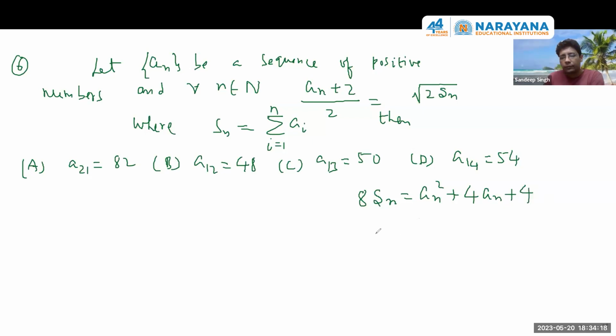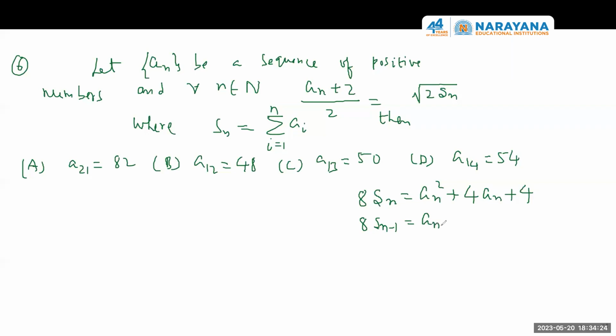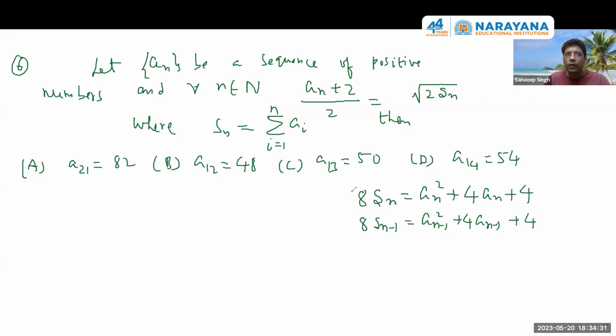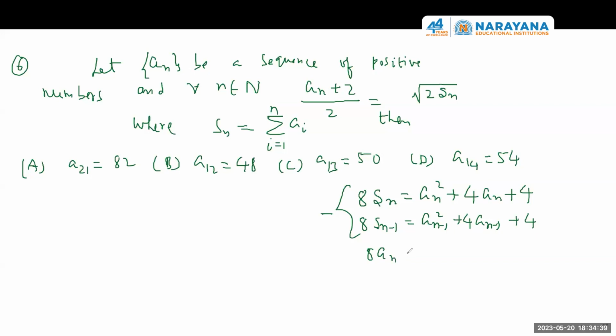Now what next? If I replace n by n minus 1, so what is going to be 8Sn minus 1? An minus 1 square plus 4 times an minus 1 plus 4. Now if you take the difference, Sn minus Sn minus 1 is an.